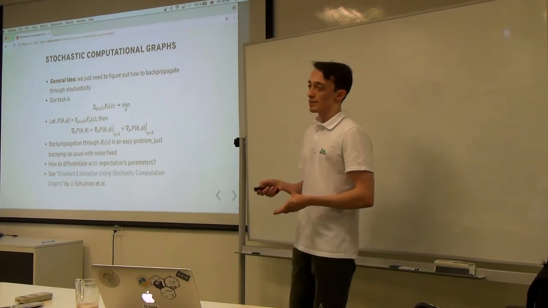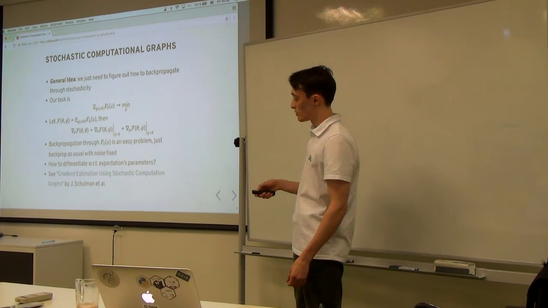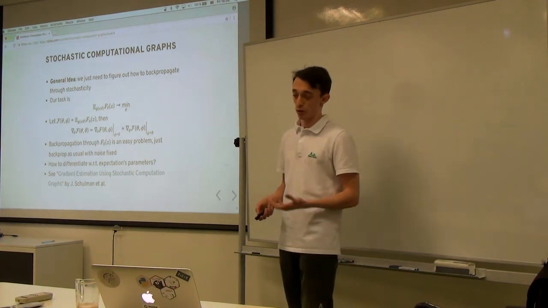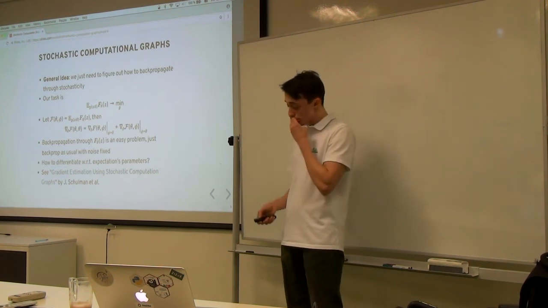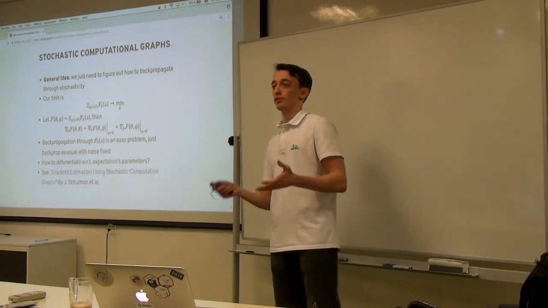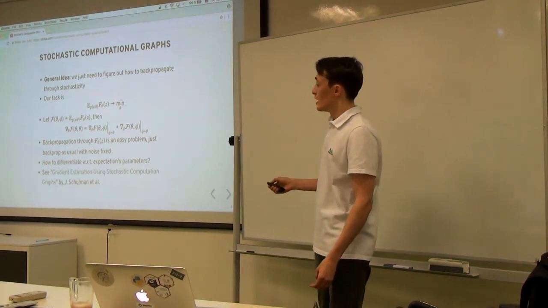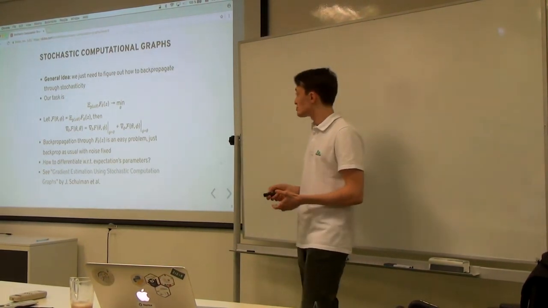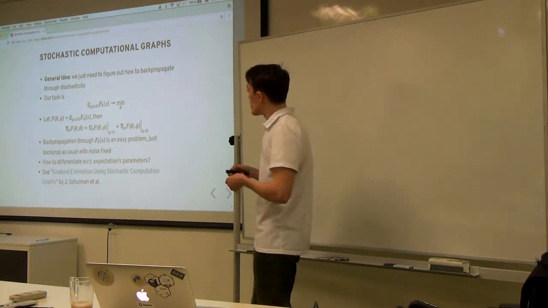With respect to stochastic units, our loss will be just an expectation with respect to the distribution where the samples come from. For example, in case of variational inference that you all are familiar with, this would be just the ELBO, the evidence lower bound, and we would like to maximize it in case of VI.